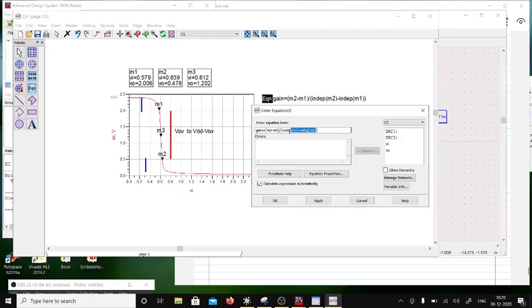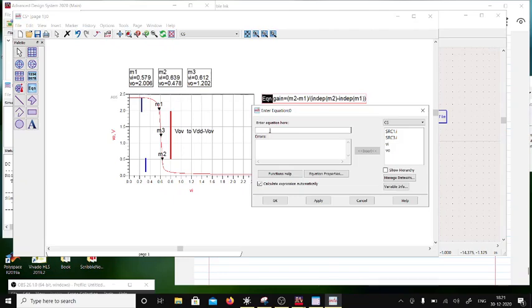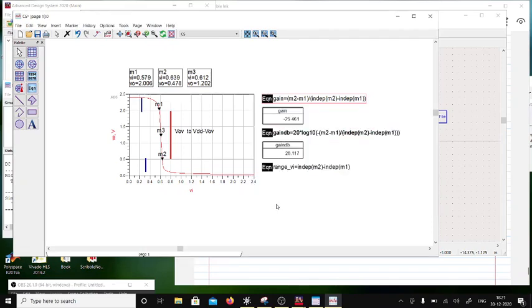So let me just take this value. Control C, and I would say equation. I'll call this range vi will be equal to this, correct?